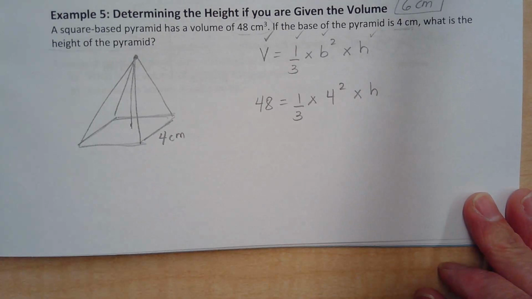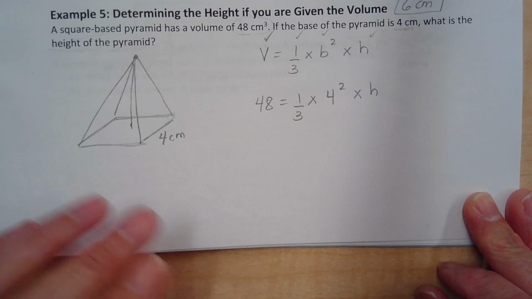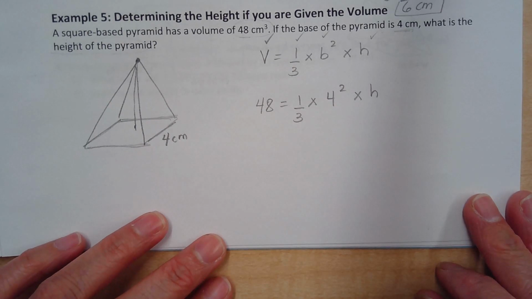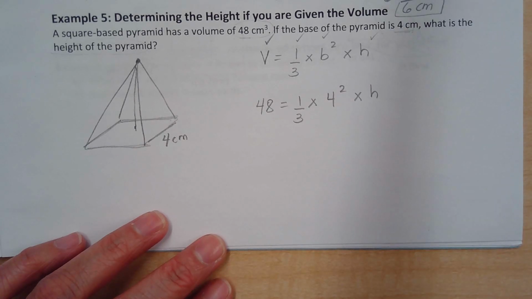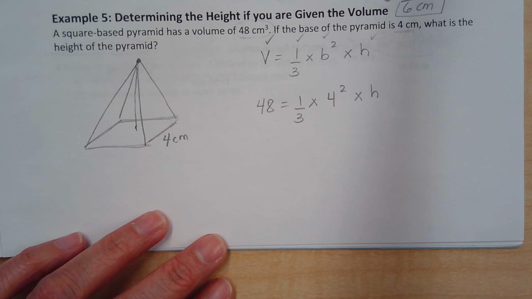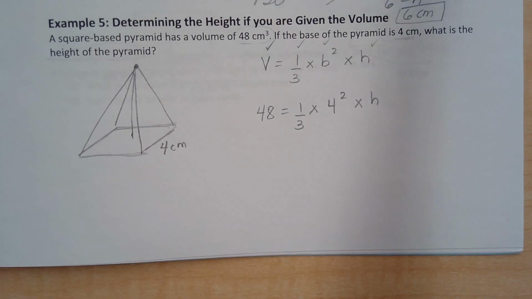Do you want to make a guess, or do you want to do trial and error, or should we do this algebraically? Why don't you make a guess first? What do you think it is?